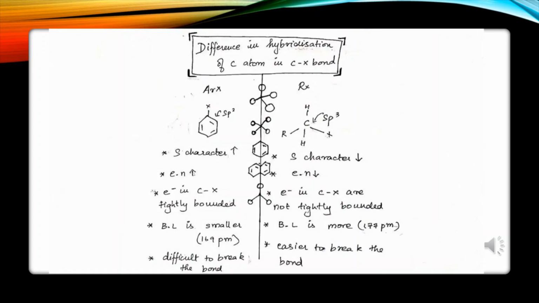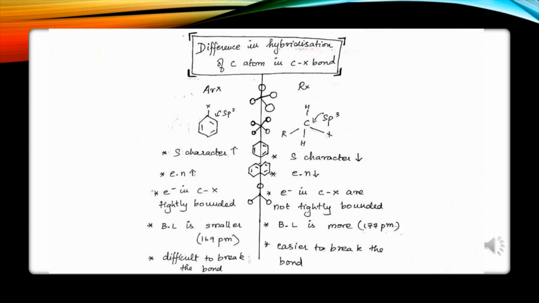Difference in the hybridization of carbon atom in the C-X bond in haloarenes and haloalkanes. In haloarenes, they are sp2 hybridized. Haloalkanes are sp3 hybridized. S character increases in haloarenes but decreases in haloalkanes. Electronegativity increases in haloarenes and decreases in haloalkanes.